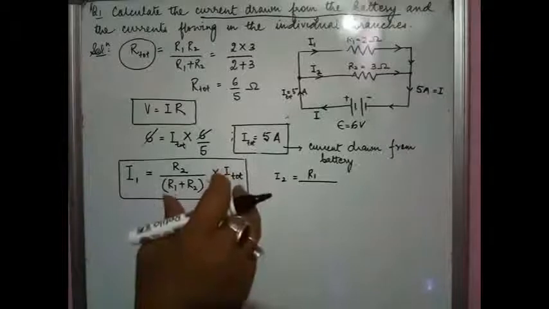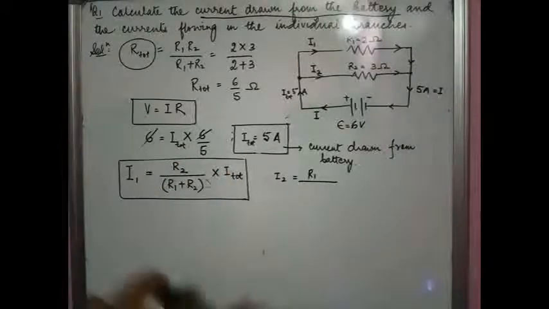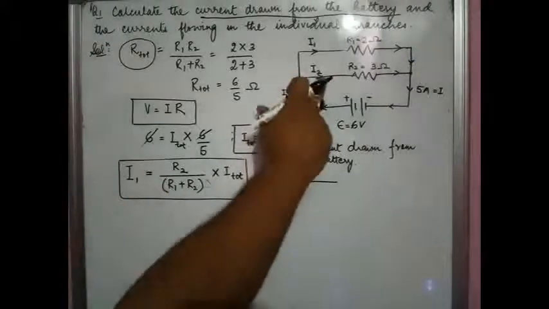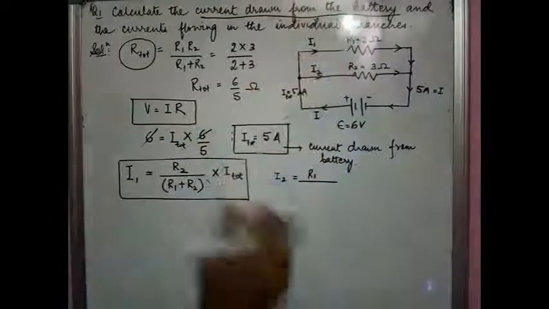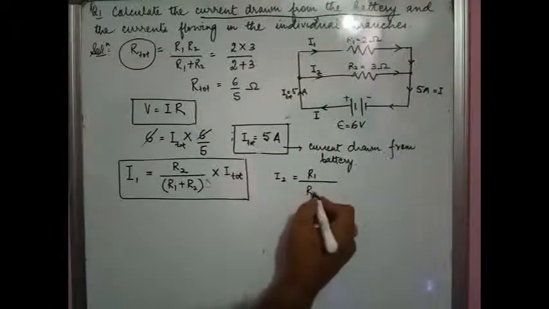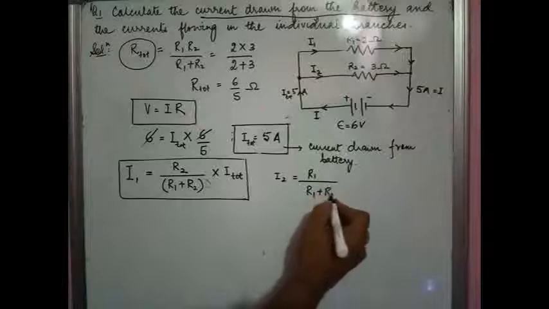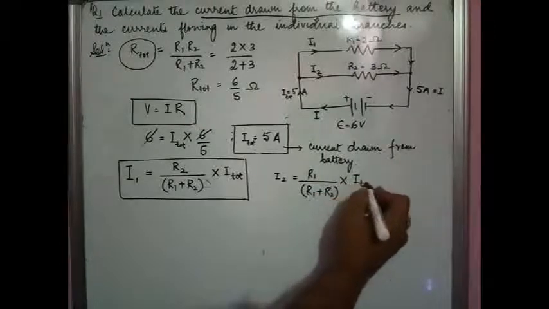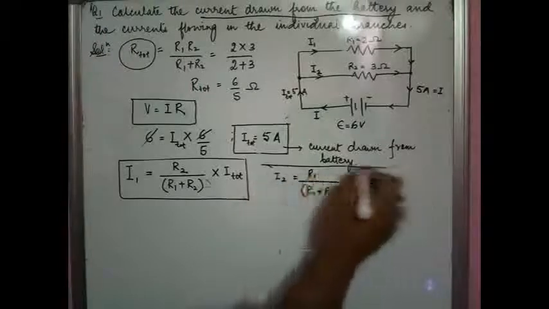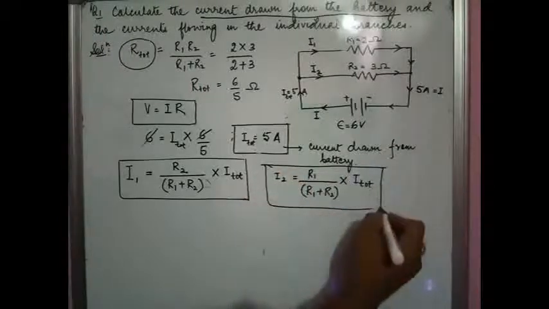The more the R value, the less the current. The less the R value, the more the current. So that is why in order to calculate current in a particular branch, you take the other resistance at the top, and obviously at the bottom you will always have R1 plus R2, which is the sum of them, multiplied by again I total. So this is the I2 formula.